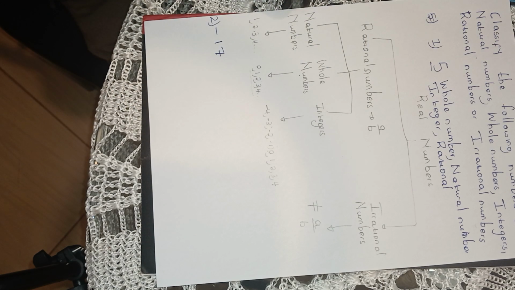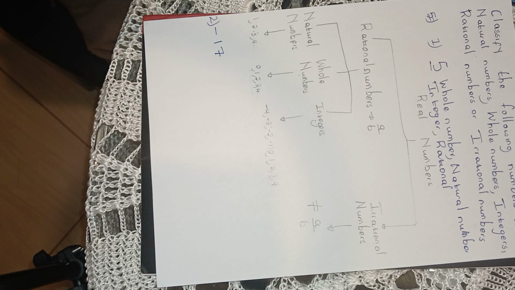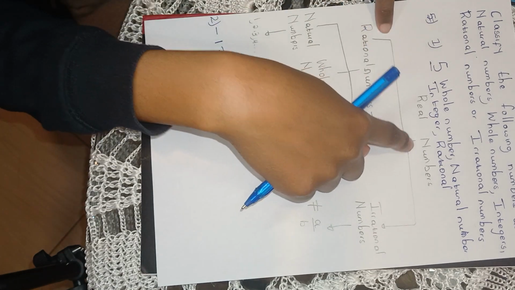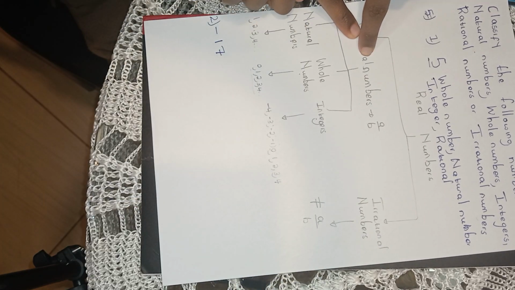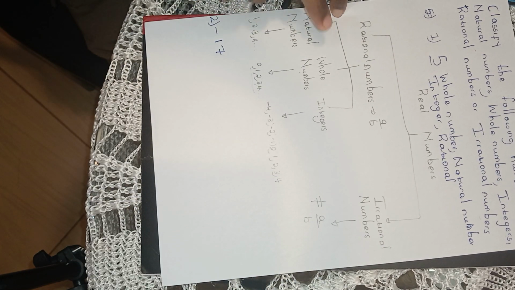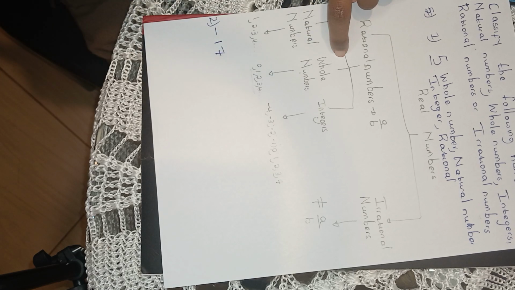You have to remind yourself, know the real numbers. What are real numbers? Real numbers are rational and irrational numbers. Rational numbers give birth to natural numbers, whole numbers, and integers.